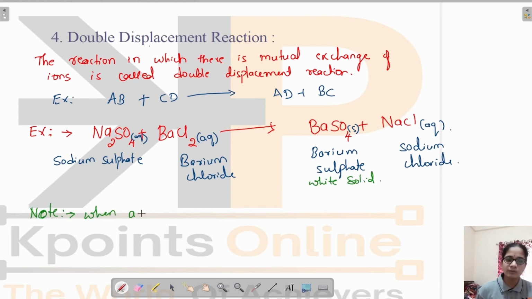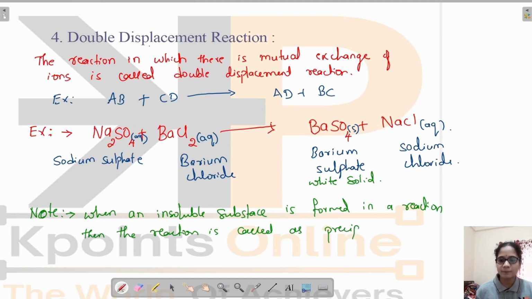This may also be asked, for example, what is the solid substance formed when sodium sulfate and barium chloride are reacted, or if this equation is given and you have to identify the type of reaction, then you need to remember both. It is a double displacement reaction and also a precipitate reaction. The insoluble product that is formed in a reaction mixture is called a precipitate.